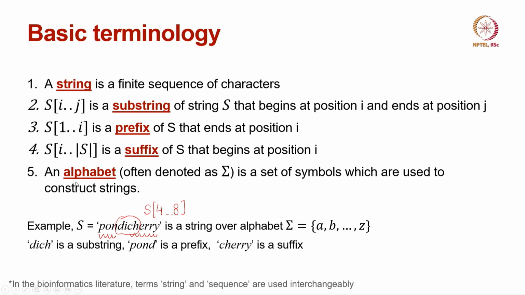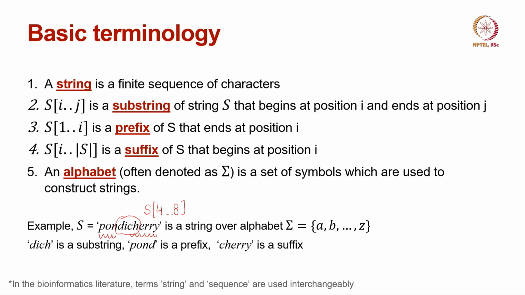Also, an alphabet, which we will typically denote by the symbol sigma, denotes a set of symbols which are used to construct these strings. For example, I can say that the string Pondicherry is a string over the alphabet A, B, C, D until Z. So, this is simply the English alphabet.